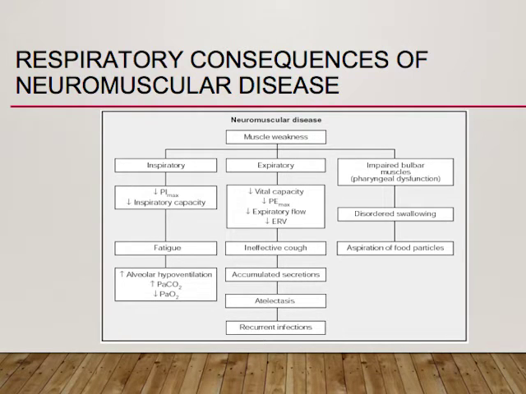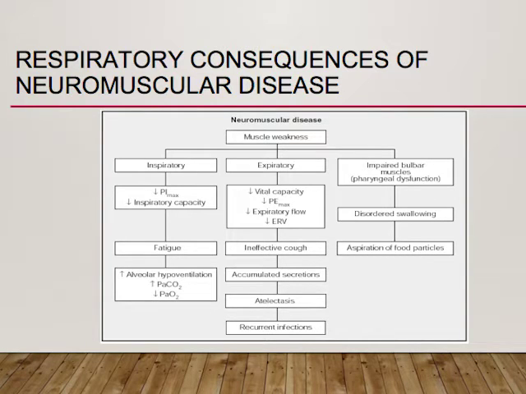In the middle panel, you have the effect of muscle weakness on the expiratory side of things. So what happens is, vital capacity is a maneuver we use to measure lung function, and it's probably one of the simplest, fastest ways to describe what's going on with a person's respiratory mechanics. The vital capacity begins to fall as expiratory muscle force is reduced.